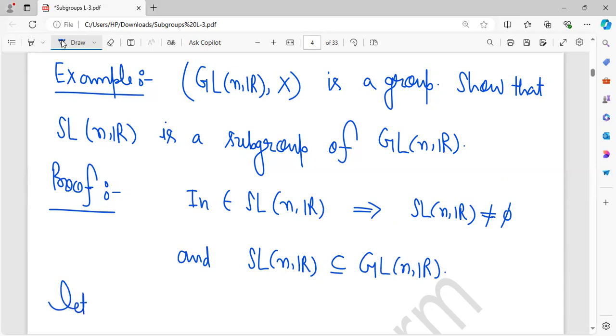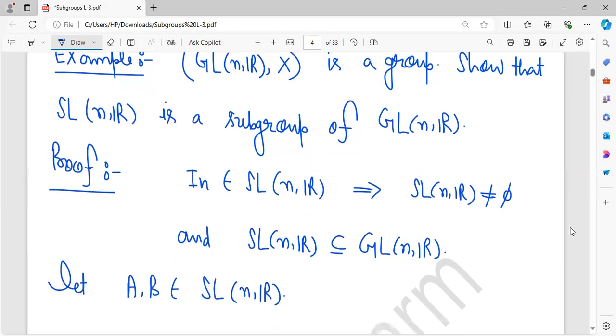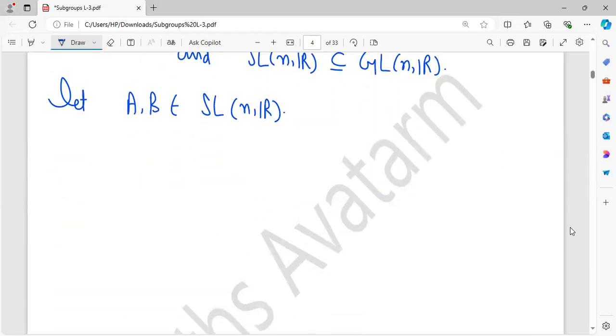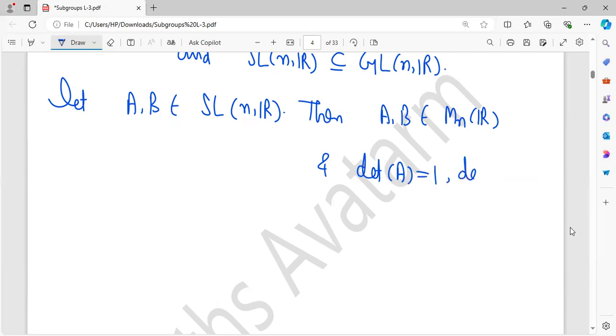Now let A, B belong to SL(n,R). Then A, B belong to M_n(R), and determinant of A is 1, determinant of B is 1. Now AB inverse belongs to M_n(R).